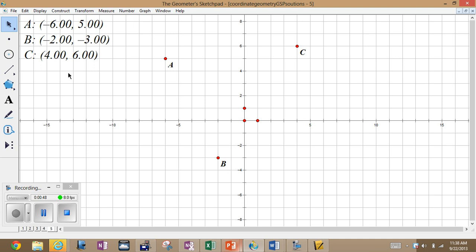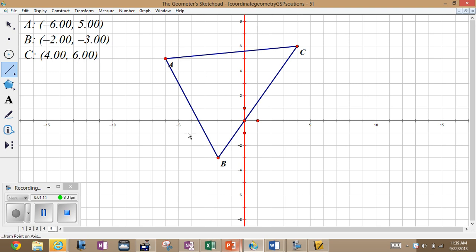Here I have 3 points, and of course through those 3 points I can construct a triangle. Now the circumscribed circle would be the circle containing the 3 vertices of this triangle.